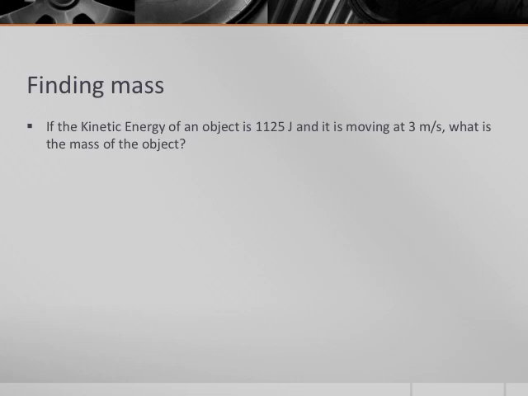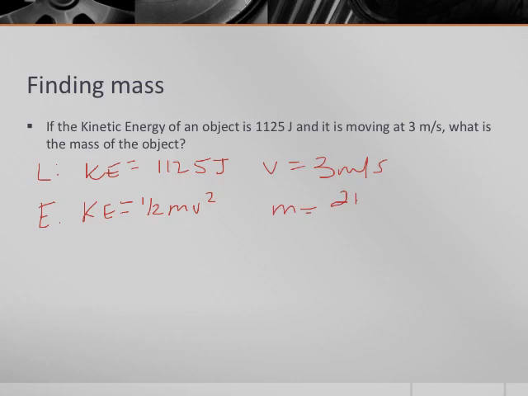So let's apply this to some samples. If the kinetic energy of an object is 1,125 joules and it's moving at 3 meters per second, what is the mass of the object? So we have KE equals 1125, and our v is 3 meters per second. Our equation starts out from KE equals 1/2 mv squared, but then we want to find mass, so that's equal to 2 KE over velocity squared.